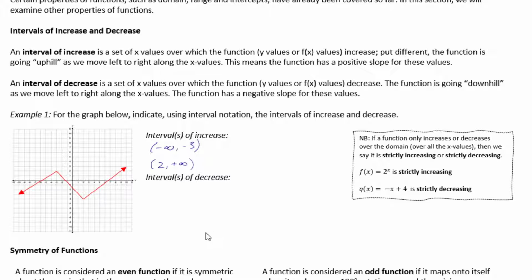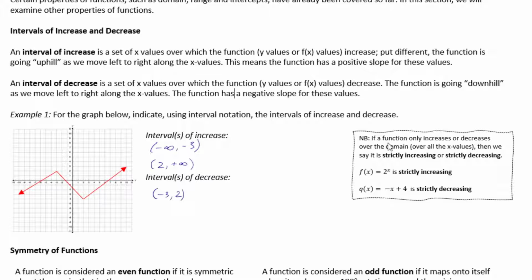That is your other interval of increase. When we look at the interval of decrease, that's when we have a negative slope, as identified over here. So from x is equal to -3 to x is equal to positive 2, we have an interval of decrease. So -3 to positive 2, we have an interval of decrease.